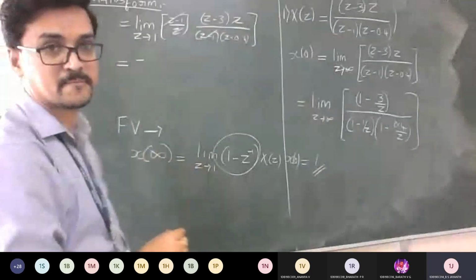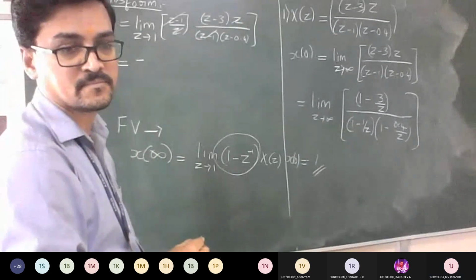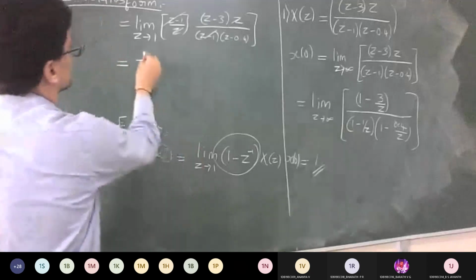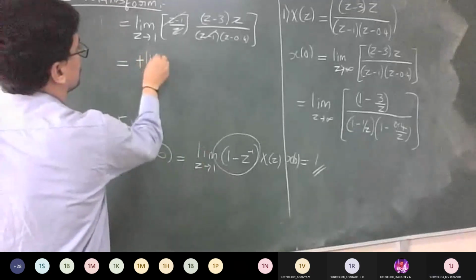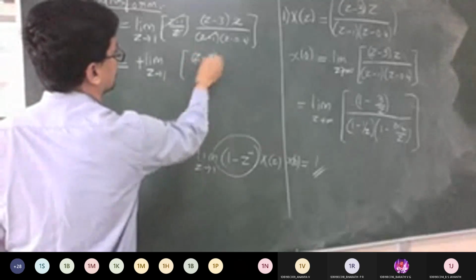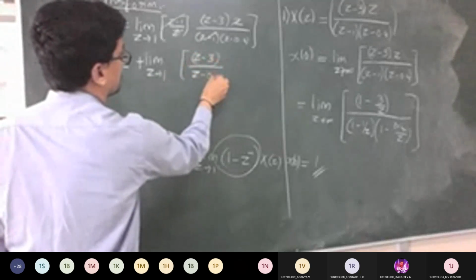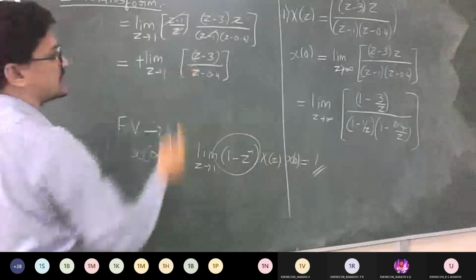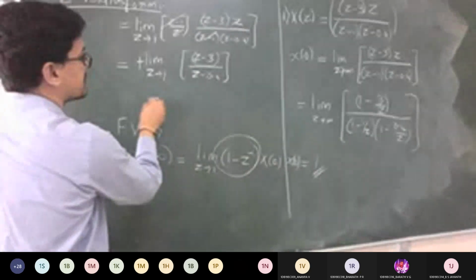So is it 10 by 3? Check. What is left out is limit z tends to 1 of z minus 3 divided by z minus 0.4. Apply z equals 1 here and tell me the answer.